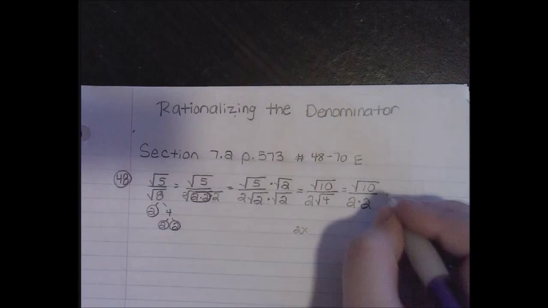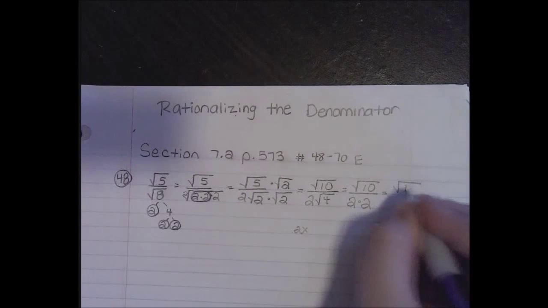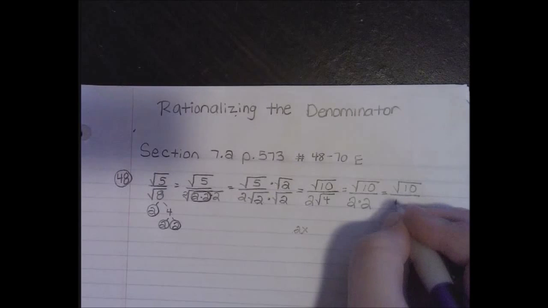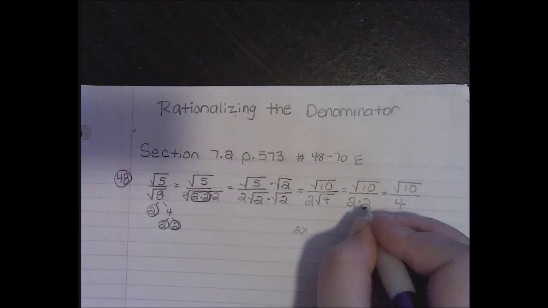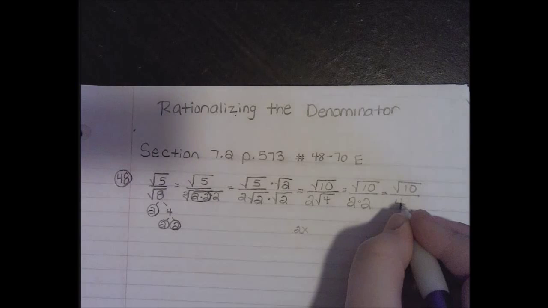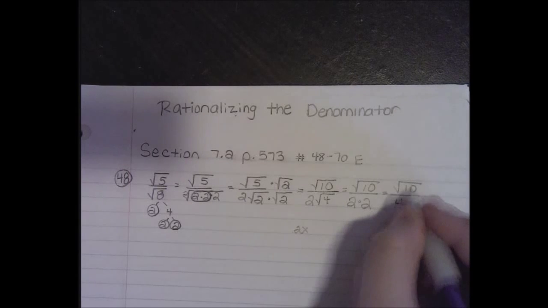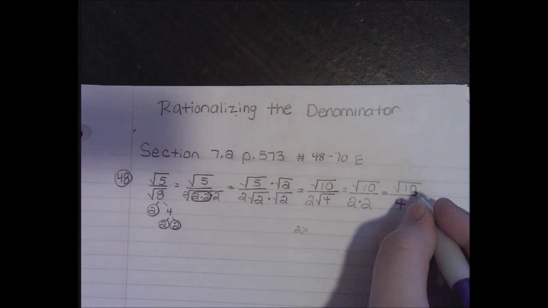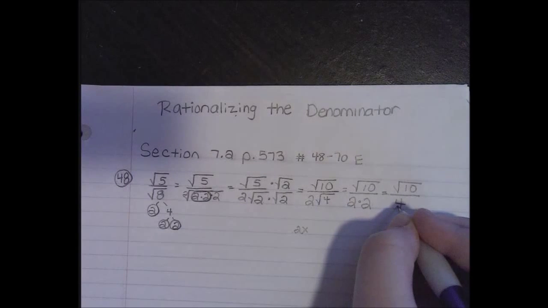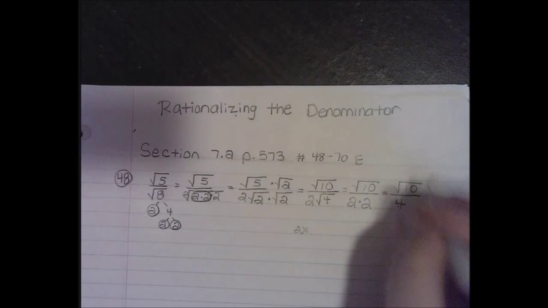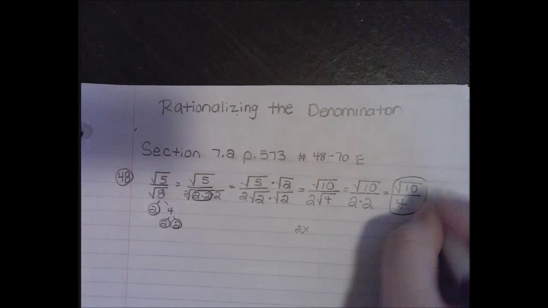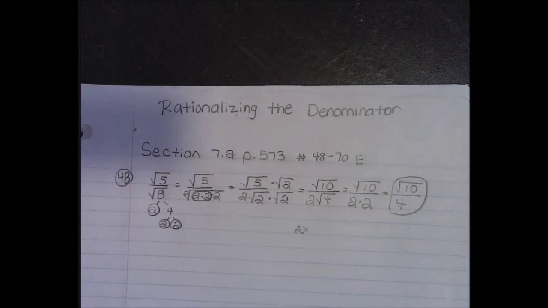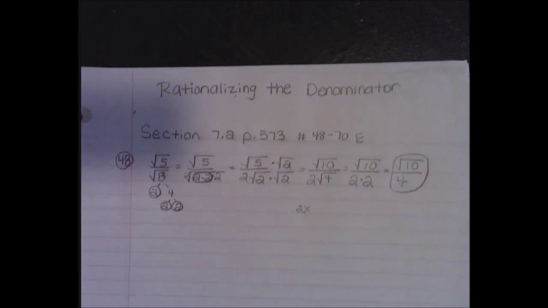So that would give us the square root of 10 over 4 because 2 times 2 gives us 4. We cannot simplify the square root of 10 and the 4 because the 10 is under the radical and the 4 is not. You can only simplify these if both numbers are outside of the radical. So this would be our final answer.